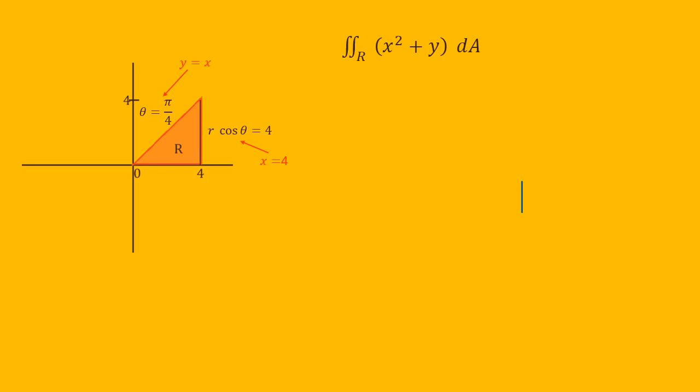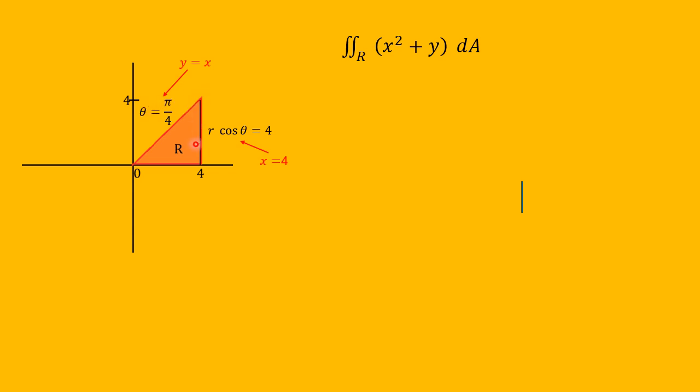Okay, so let's evaluate the double integral over R, over that triangle that we can see here, of x squared plus y dA. Now, this side was y equals x, which is the same as theta equals pi over 4.